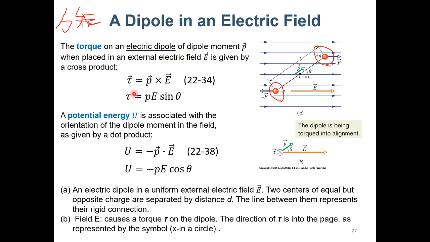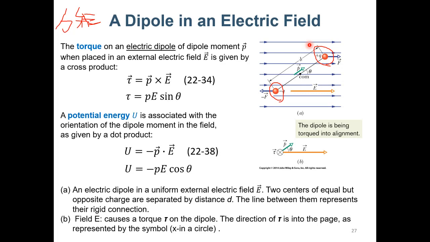And actually, the mathematical equation is P cross E. It is the cross product, the right-hand rule cross product. Actually, P is pointing that way, and E is pointing to the right side.